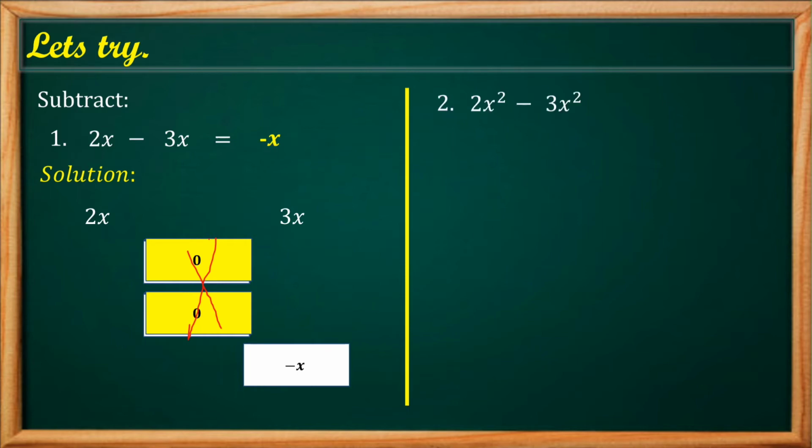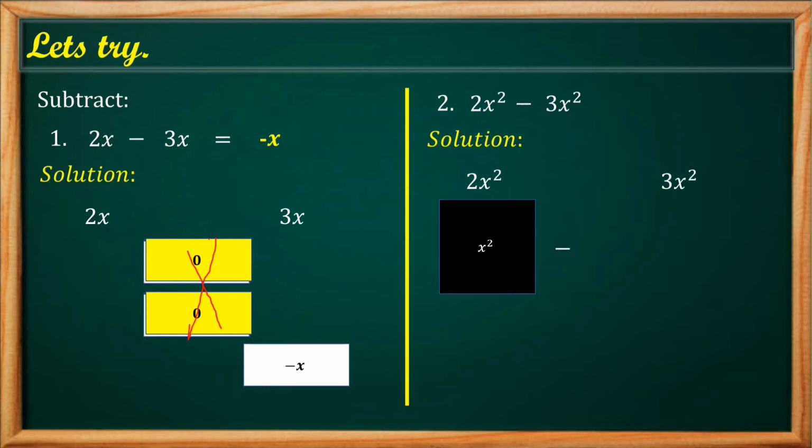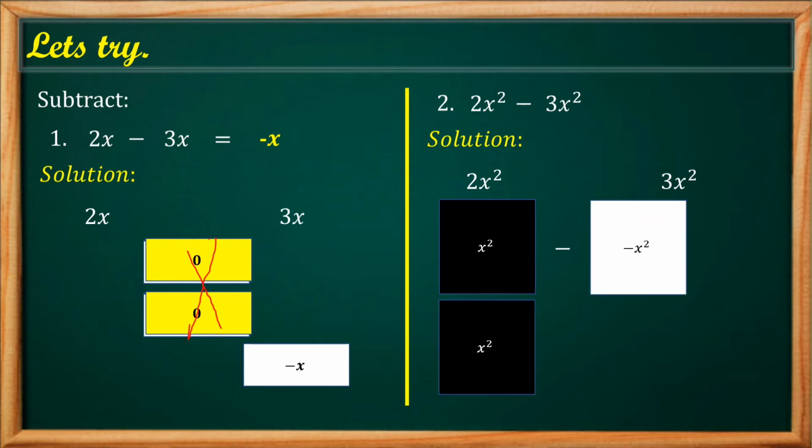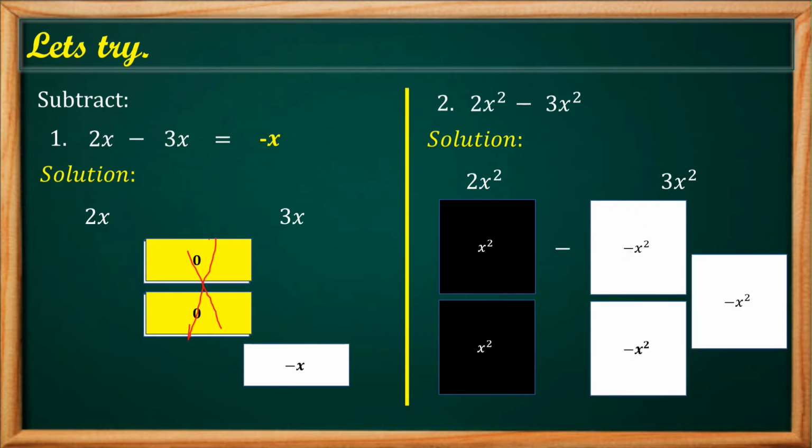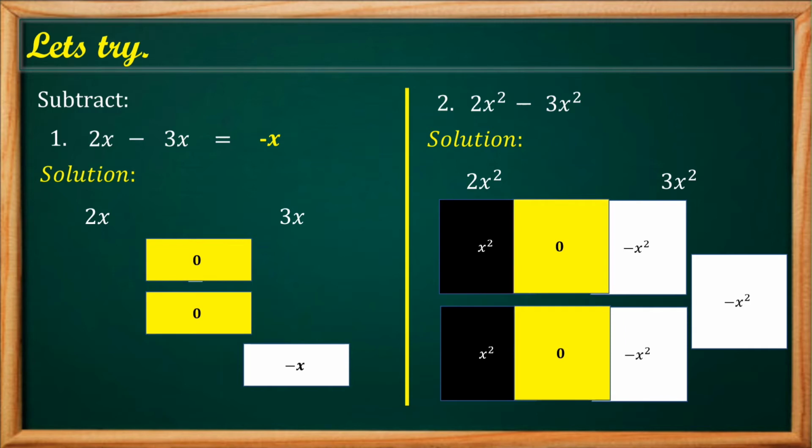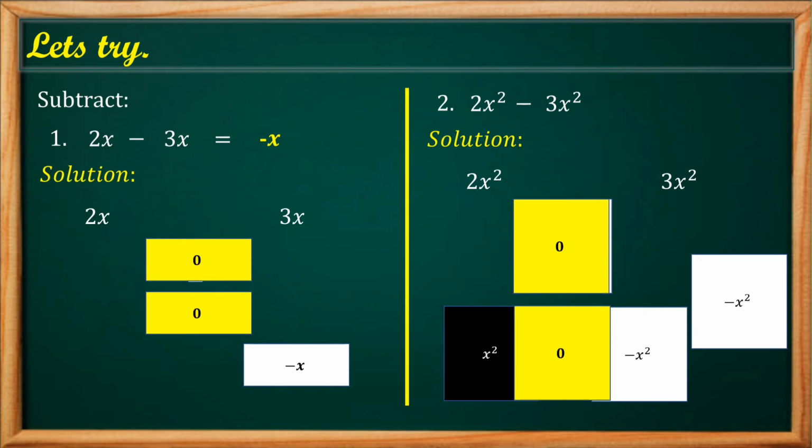The same on this part. 2x squared minus 3x squared. You have here 2x squared. Then, meron tayong dalawa. Minus, it becomes the negative 3x squared. Meron tayong tatlong negative. Then, let's combine all of this. Nag-combine sila.